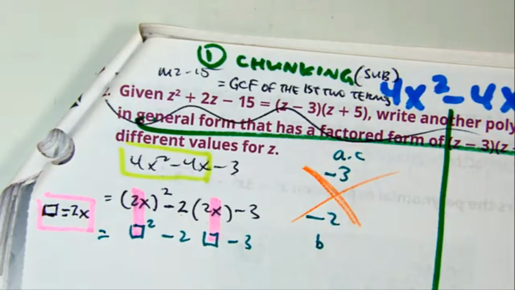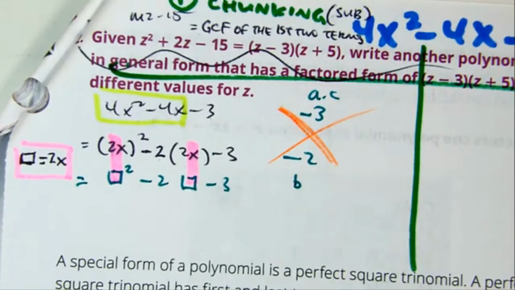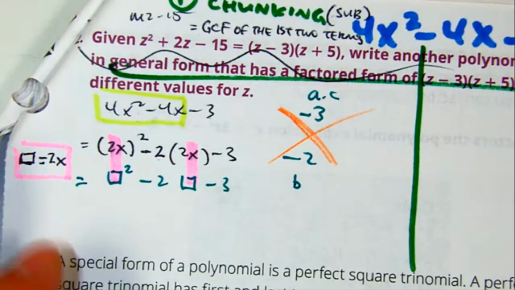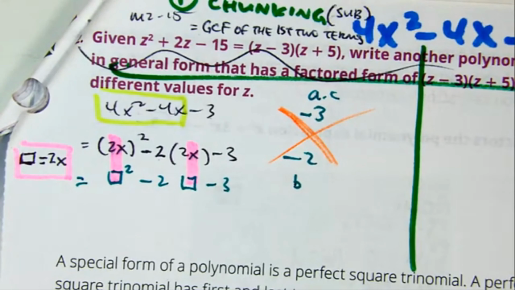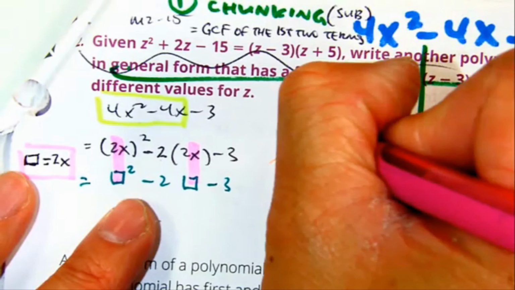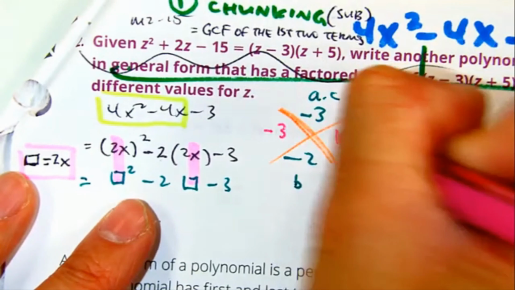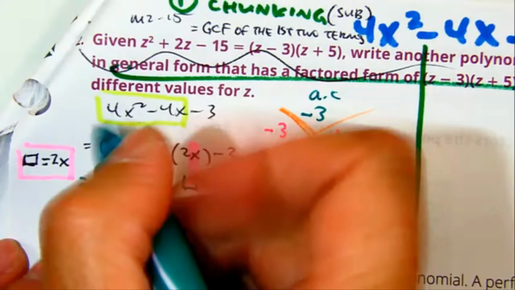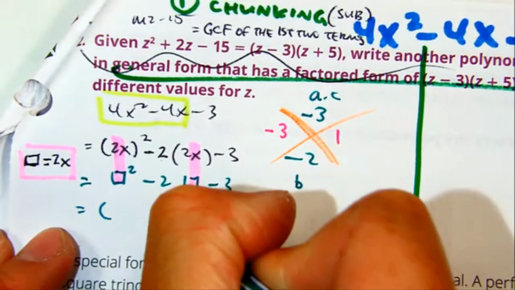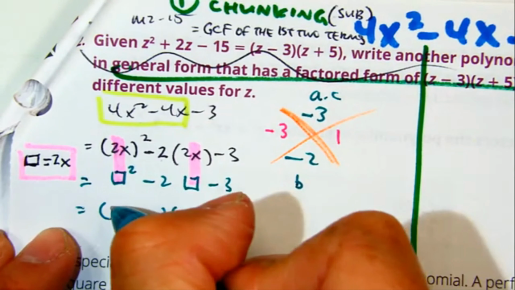Partner A, whisper to partner B, what are the two numbers that go there? What are your two numbers that go there? Juan, what are your two numbers? Negative 3 and 1. So I have a box.